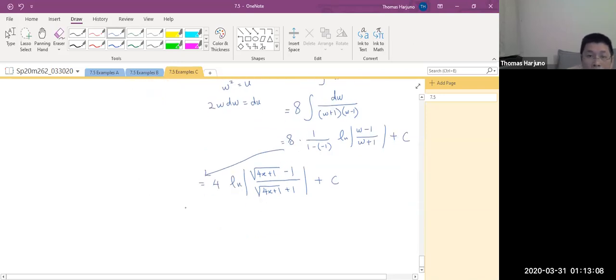Now I will multiply the top and the bottom by the conjugate of the denominator. So I will get the square root of 4x plus 1 minus 1, squared on the top, and at the bottom I will get 4x plus 1 minus 1.